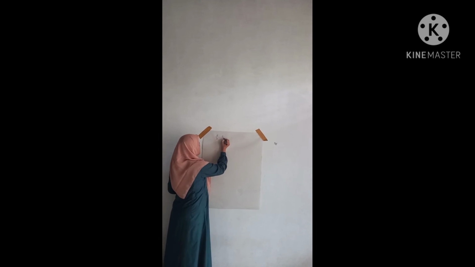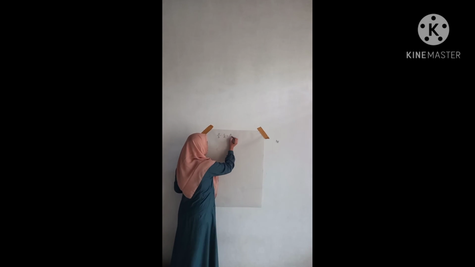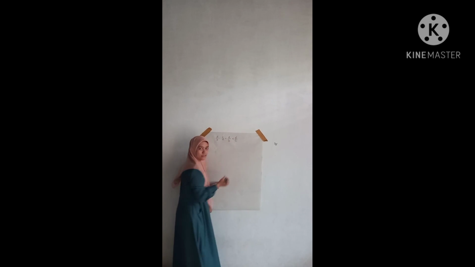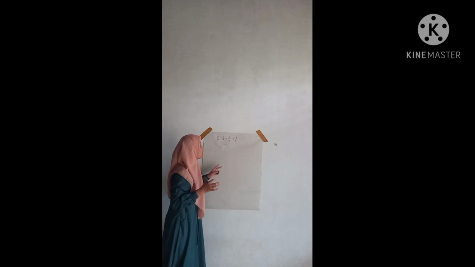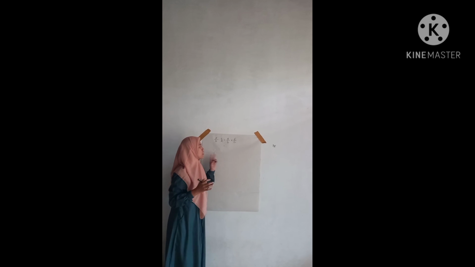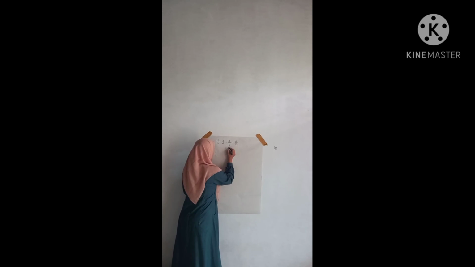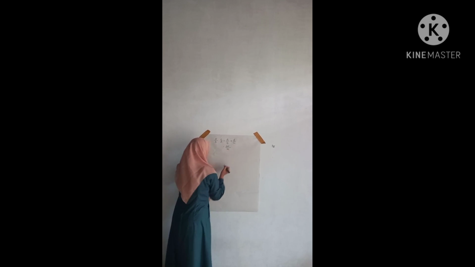The equation below for clarification. A over B divided by C over D equals A over B times D over C. The result of A over B times D over C is AD over BC.